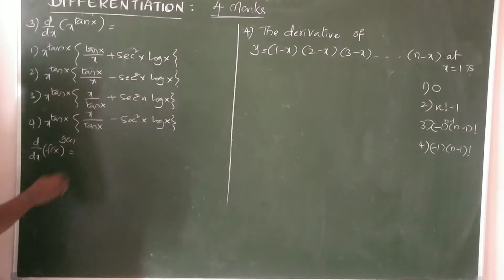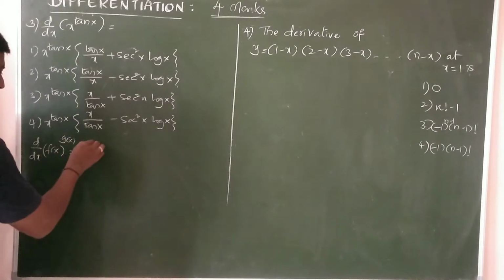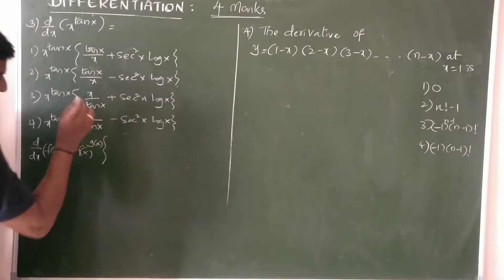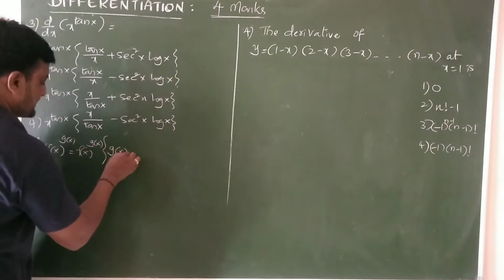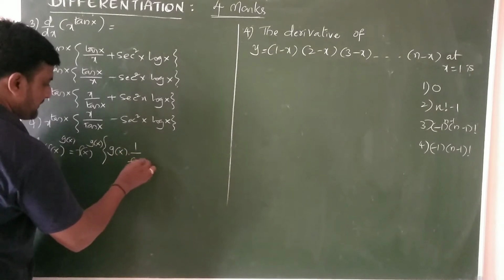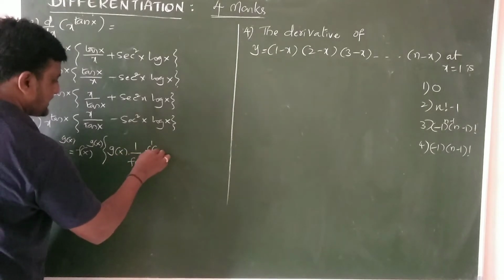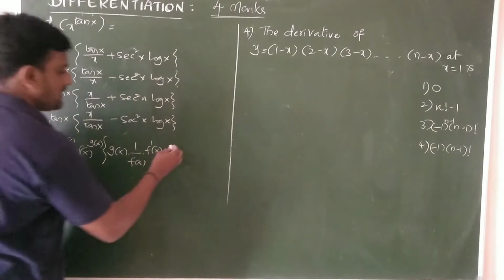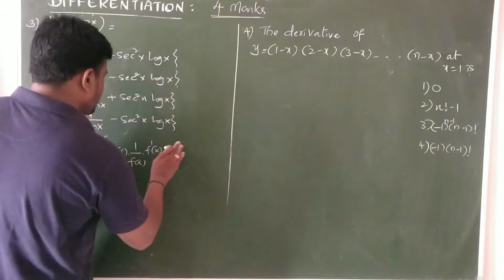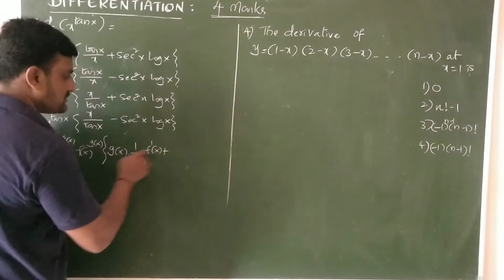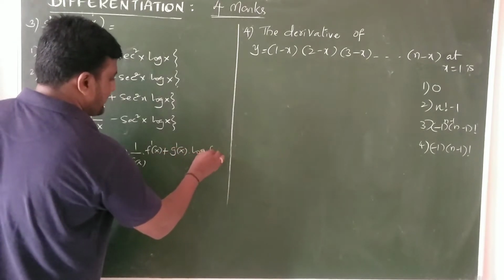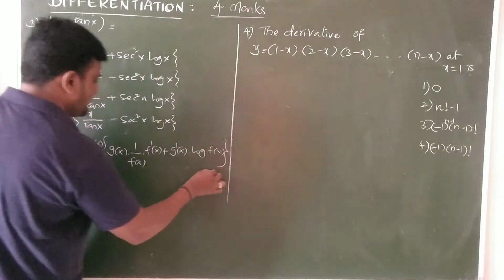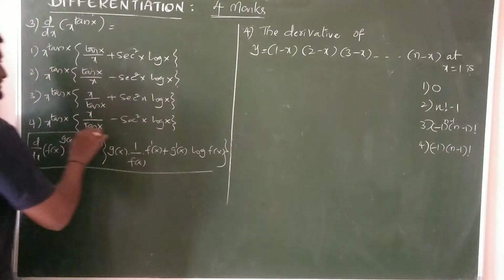So applying the formula, f of x whole power g of x into, g of x into 1 by f of x into f dash of x plus g dash of x into log f of x. Okay, now we can apply this formula.